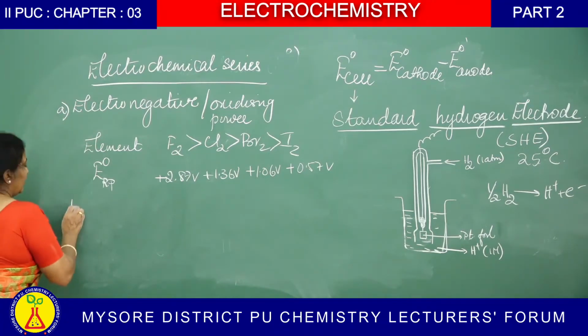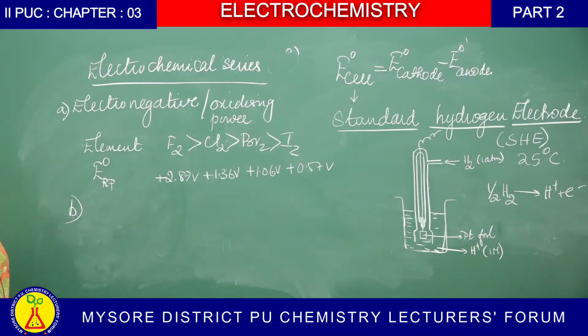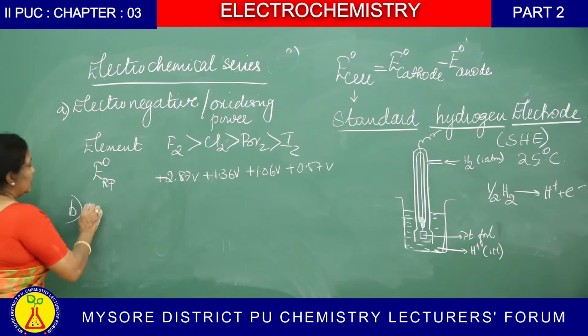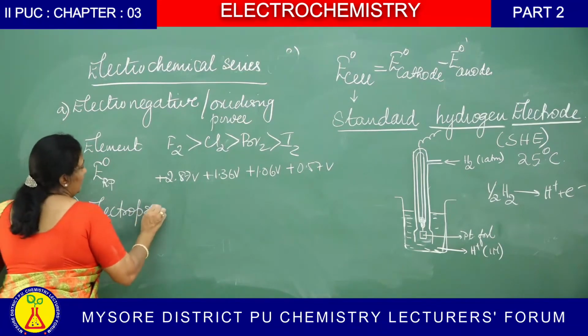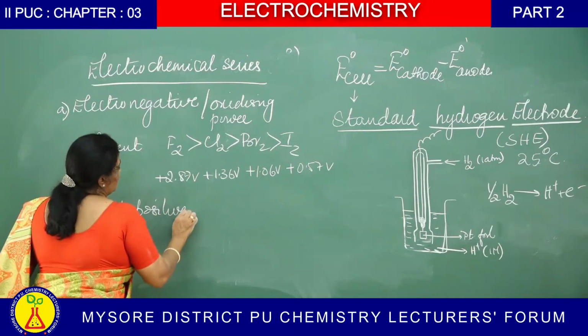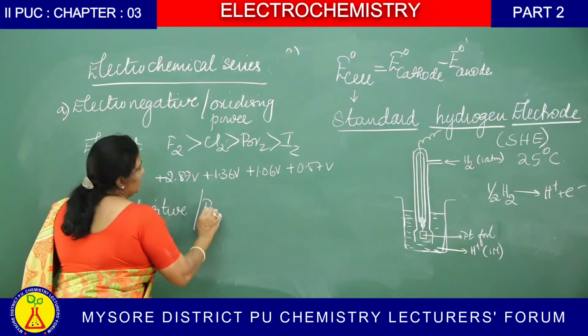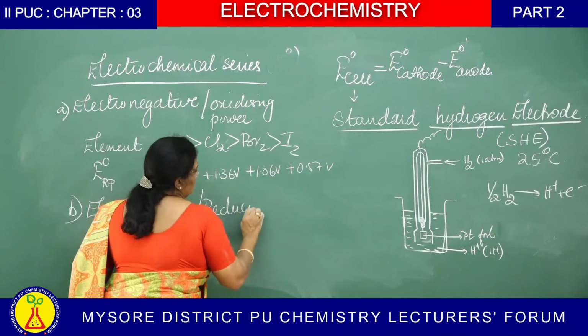And the second application of the electrochemical series is to determine the electropositive character or the reducing power.